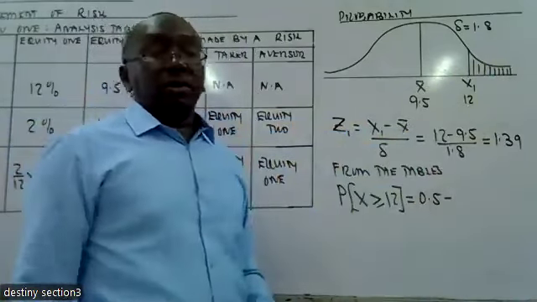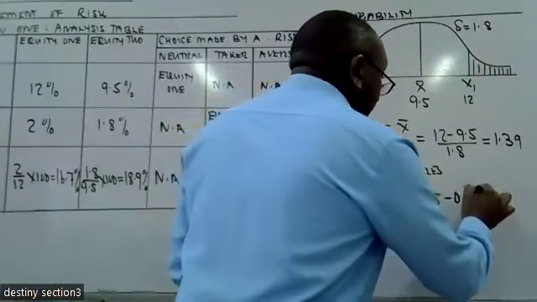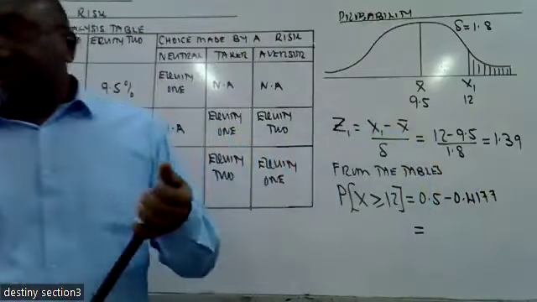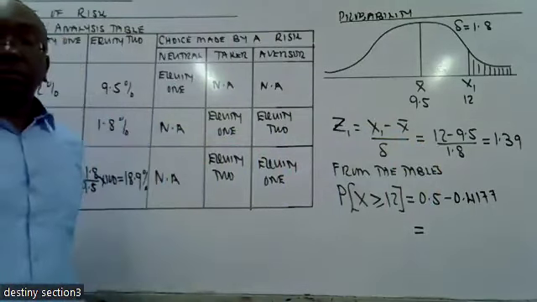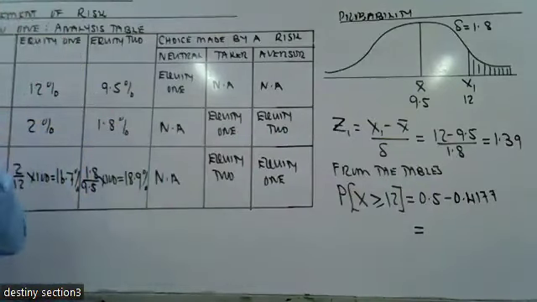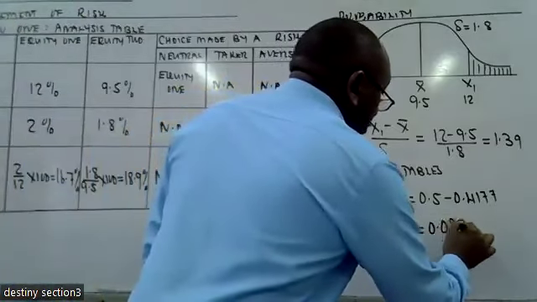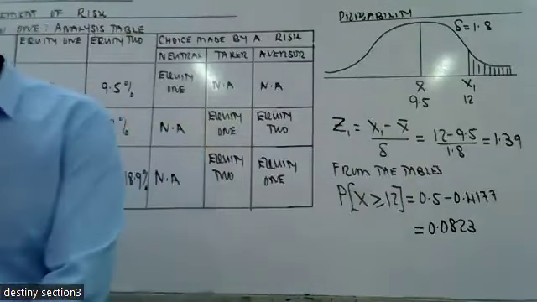So read that for me: 0.4177. So 0.5 minus 0.4177 is 0.0823. So that is the probability that it will pay more.